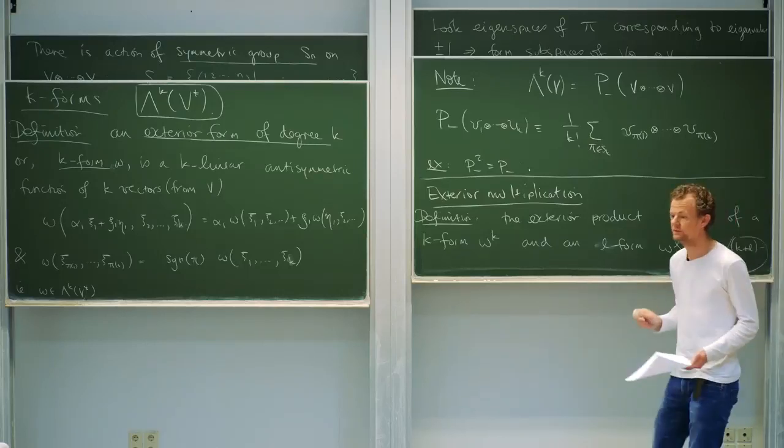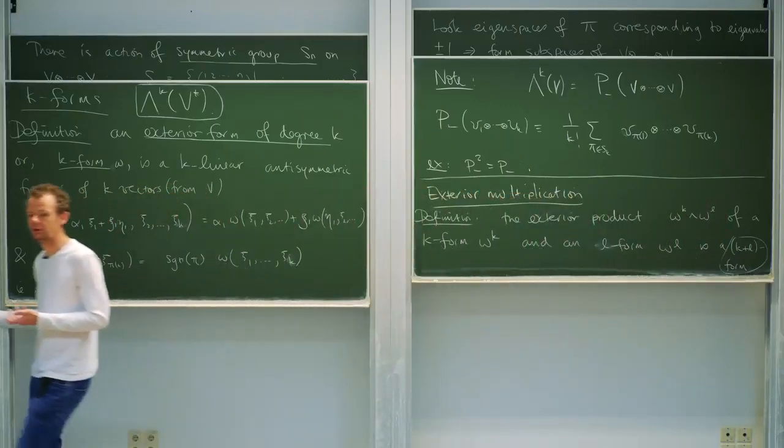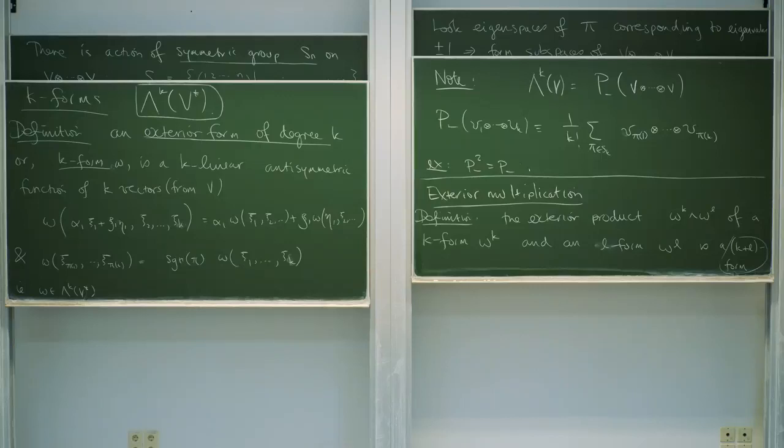What is it? Well, it's a k plus L form. And the way it works is, it should work like the product of these two forms, but corrected to make it completely antisymmetric.